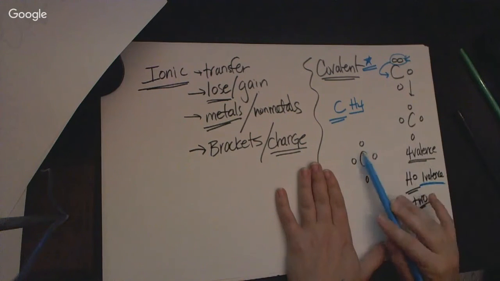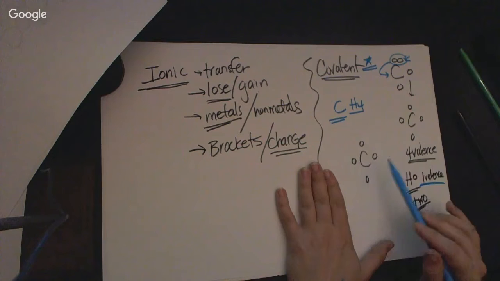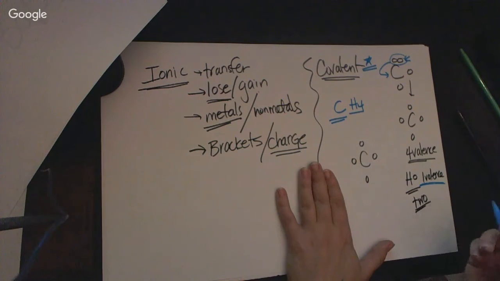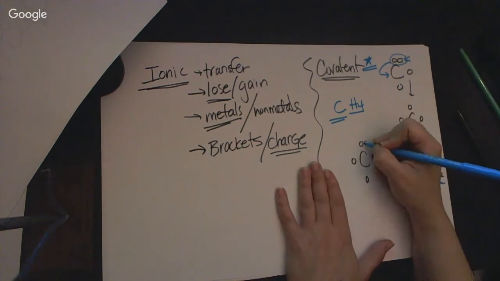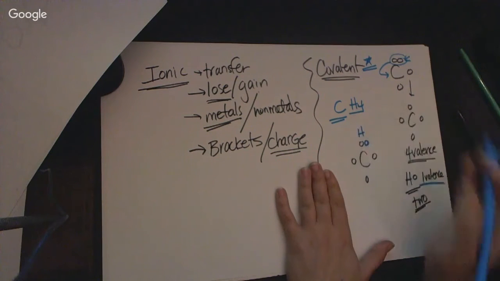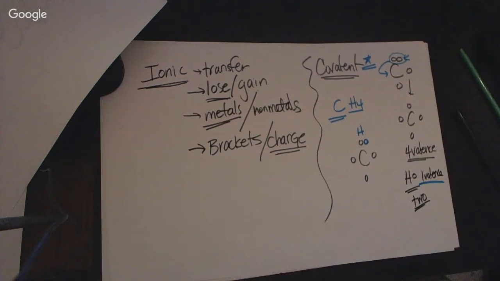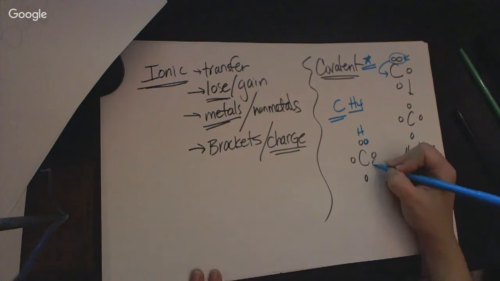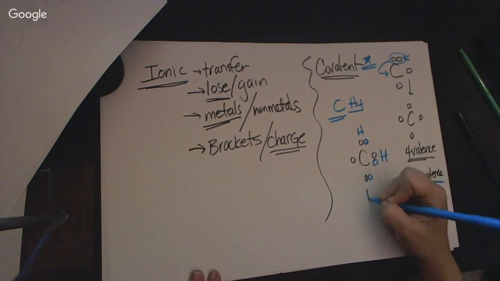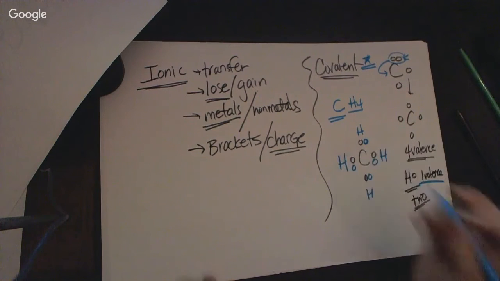The problem is that this carbon is not really in the situation where he could lose because he's got 4 in his valence. So the hydrogen comes in and he's like, I want the electron, and carbon's like, no, I want the electron. And they go back and forth for I don't know how long. And finally they're like, let's just share. Sharing's caring, and let's just share them in order to satisfy all of our valences mutually, simultaneously, at the same time.